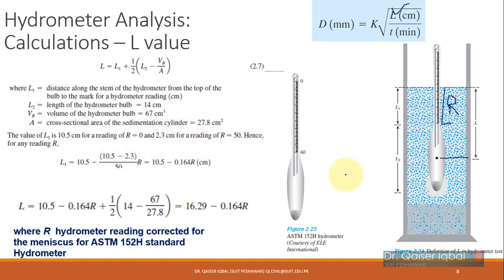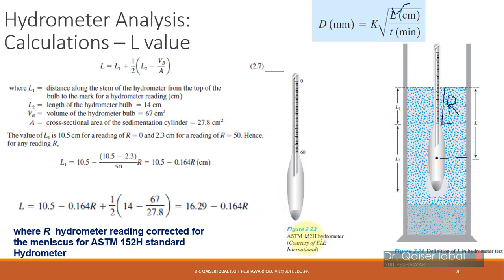So what we have here is this length L, which we want to determine. We have this L1, which is the reading we can measure, because this is the 0 point and this is the point which you can visually see, and this is the length of the bulb.